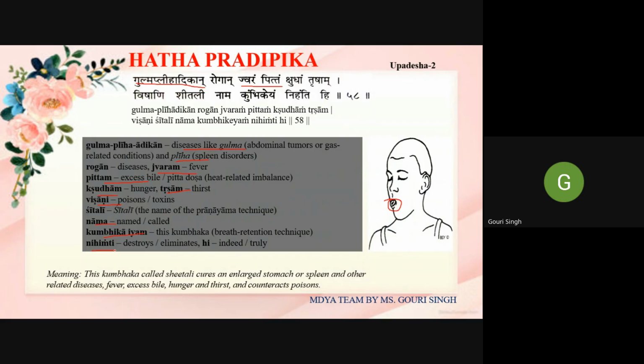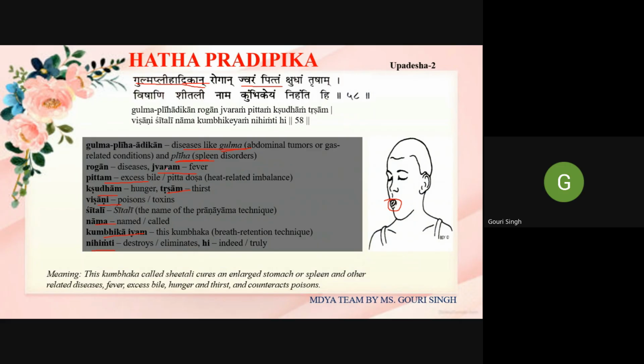So what are the benefits said here? If you apply the Sitali Pranayam and follow the kumbhaka of the Sitali, you are cured from any type of Gulma Roga related to the stomach, and from Pliha Roga, the disorder related to the spleen, and other related diseases.